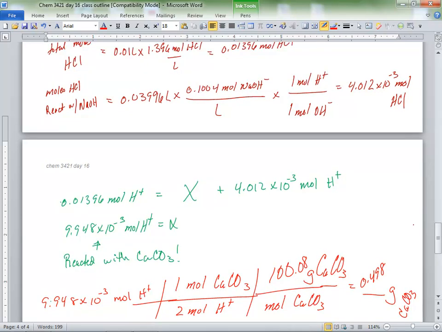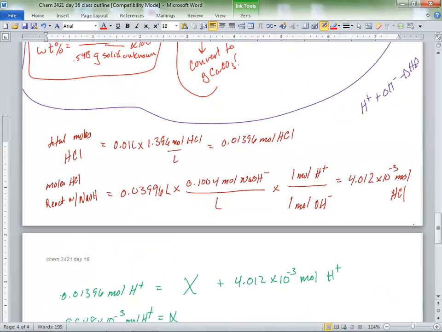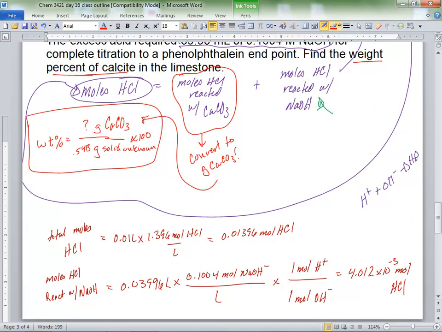Hopefully you get around 0.498. Throw that in up top. Divide it by 0.5413 times 100, about 92%. That is our final answer.